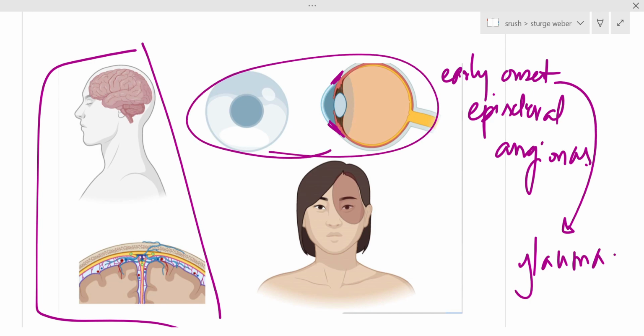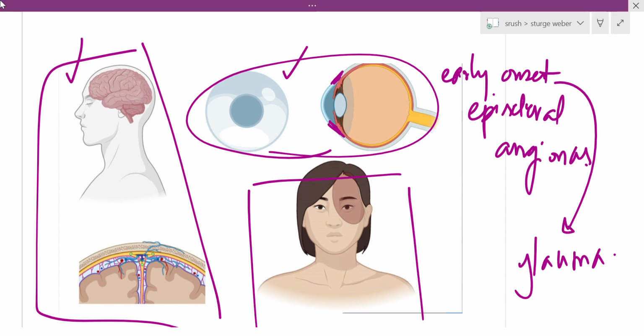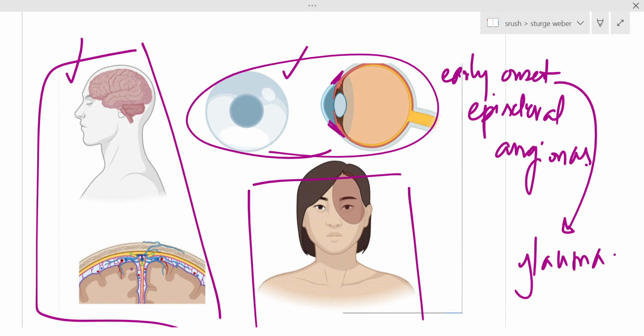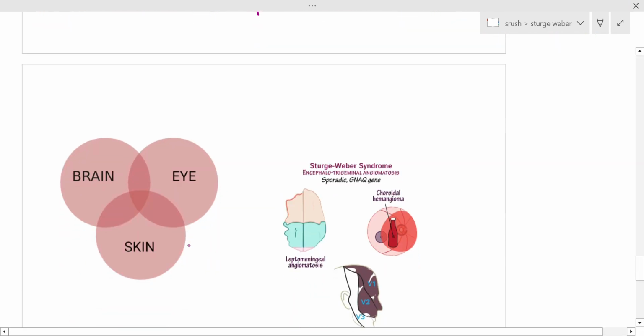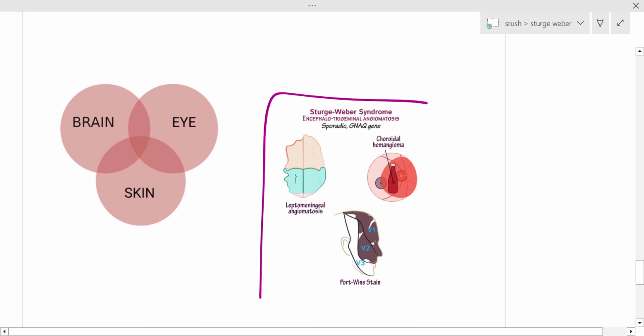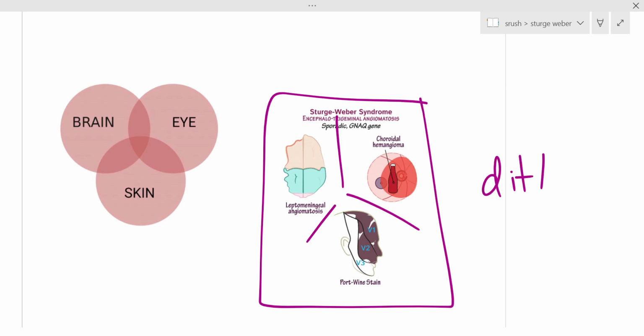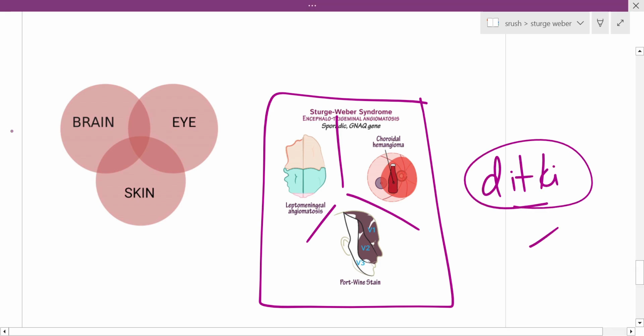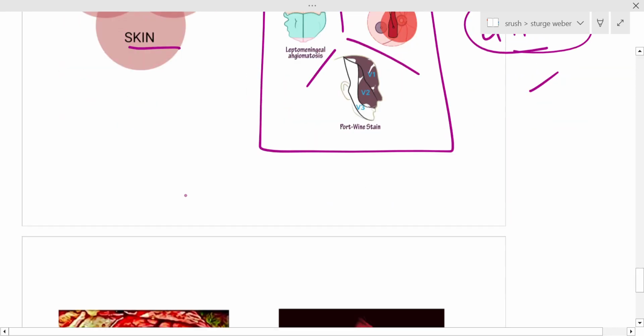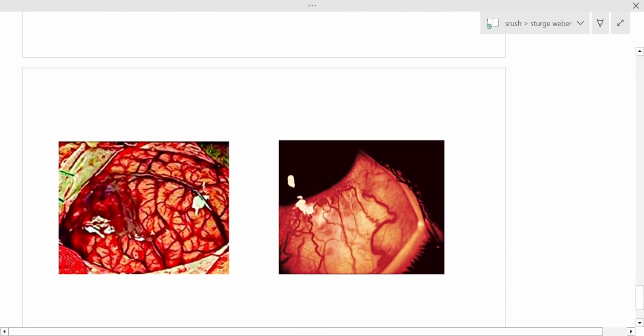So this is going to be the classic triad: port wine stain, early onset glaucoma, and leptomeningeal angiomatosis. I actually took this image from DITKI, which stands for Draw It To Know It: brain, eye, skin. You can see I've borrowed some images from the internet to show the leptomeningeal angioma and the episcleral angiomas.